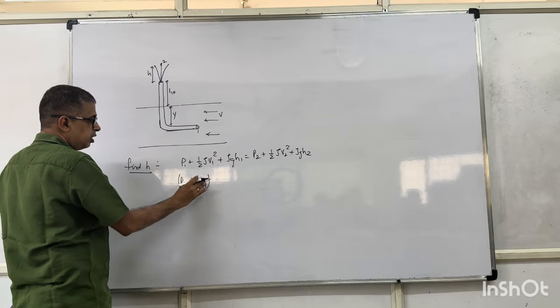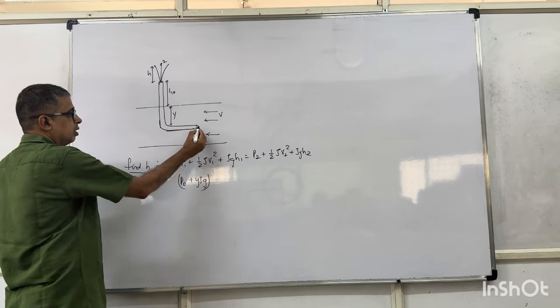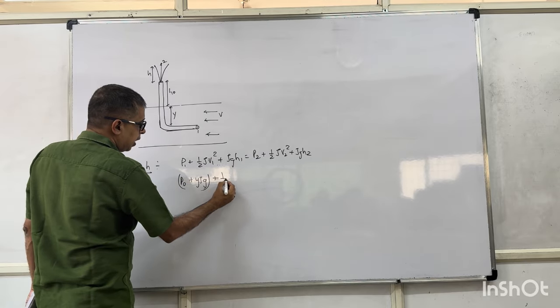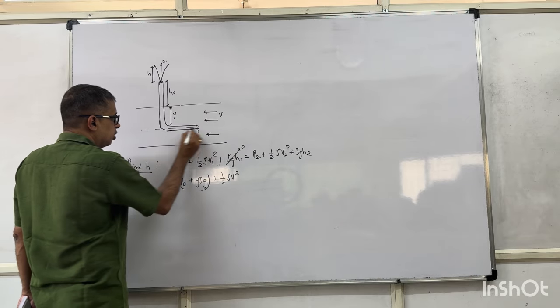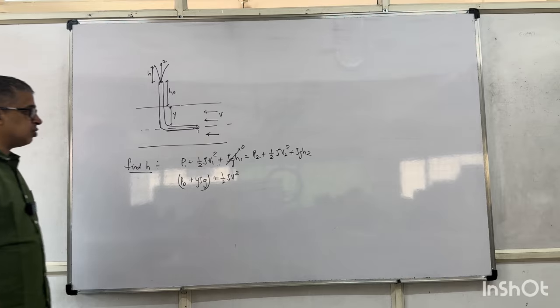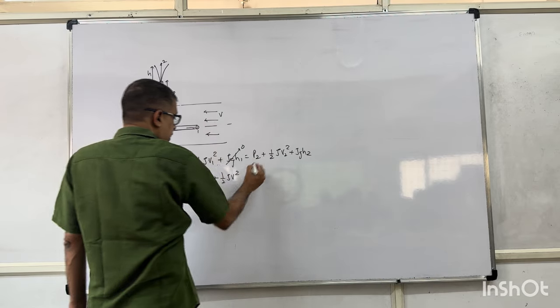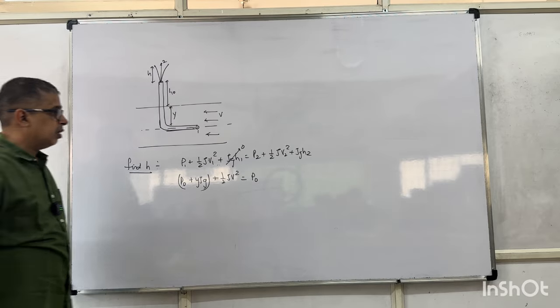P0 plus y rho g. V1 is v, half rho v square. This will be 0 because you are taking this as the reference line. Height of that is the reference line. Topmost point P2 is atmospheric pressure.